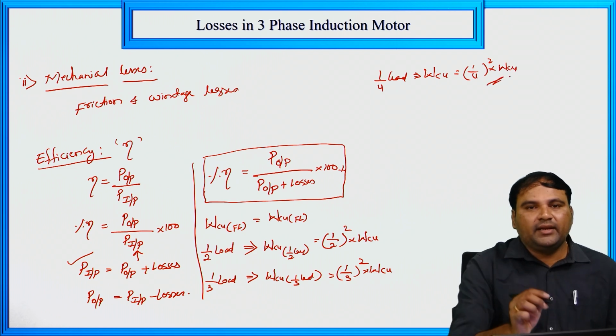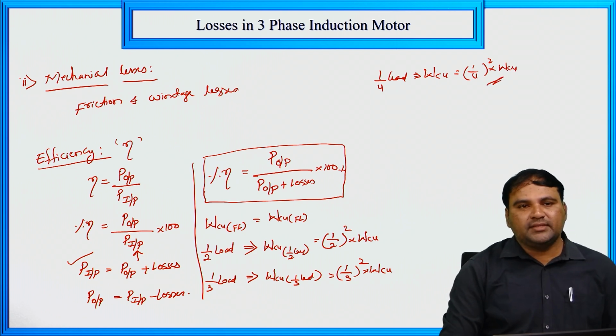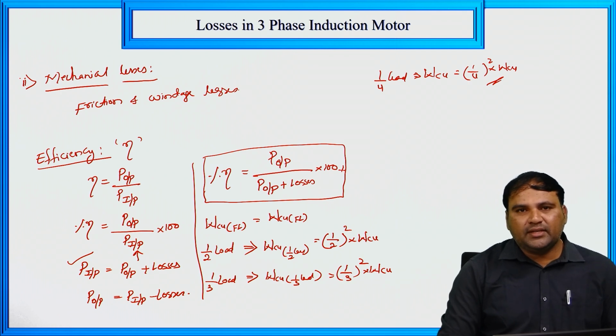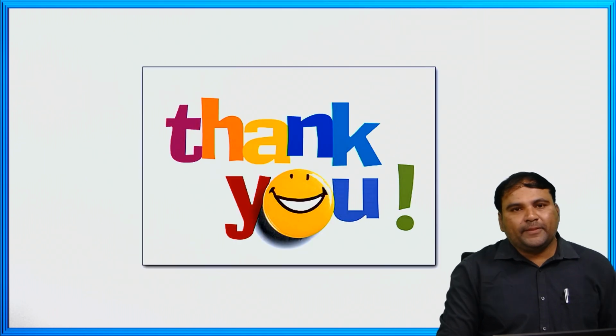Here is the calculation part of the copper losses. The iron losses and mechanical losses we take as the same, but the copper losses at half load, 1 by third load and 1 by 4th load are different. Here is the efficiency and losses in a three-phase induction motor. Thank you one and all.